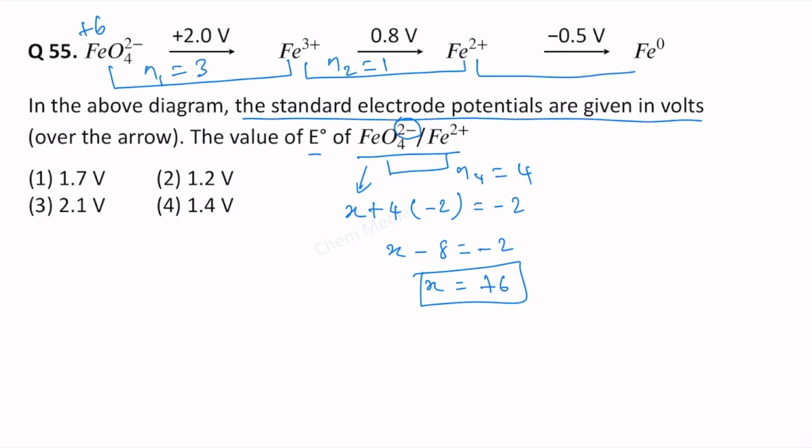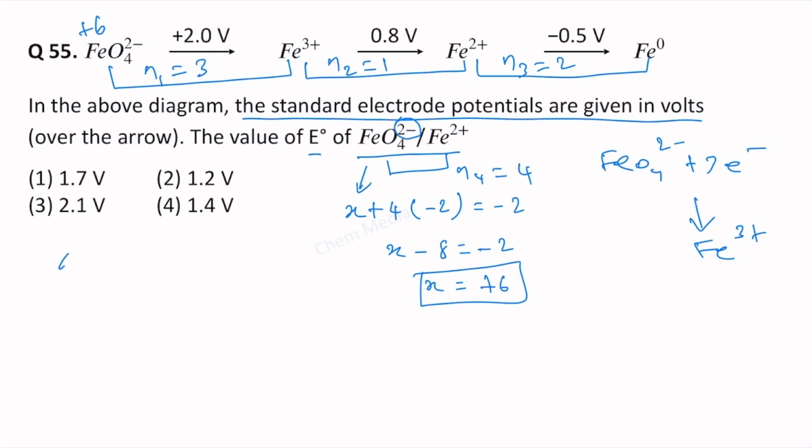If Fe2+ is becoming Fe, then that requires 2 moles of electrons, because everywhere it is reduction, isn't it? If +6 has to become +3, then it has to gain 3 electrons. If FeO4 2- gains 3 electrons, then only it can become Fe3+. But the question here is, when FeO4 2- becomes Fe2+, what is the E cell standard value?